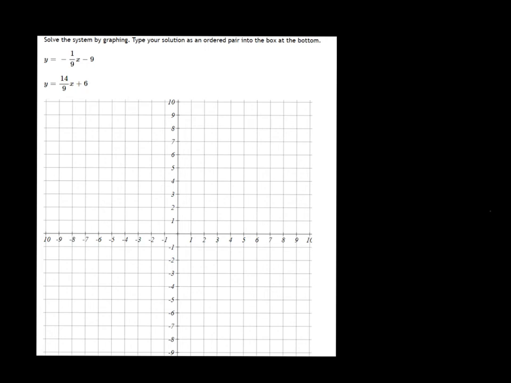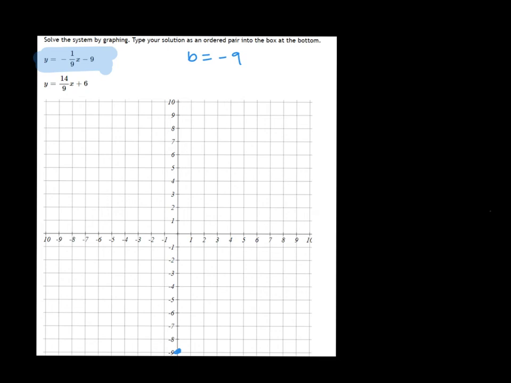Let's first look at my first equation, which is going to be y is equal to -1/9 x minus 9. Now looking at that, I know that my y-intercept, or my b, is equal to -9. So I know I have a point right here. Now, unfortunately, with that slope being negative, it makes graphing it difficult.